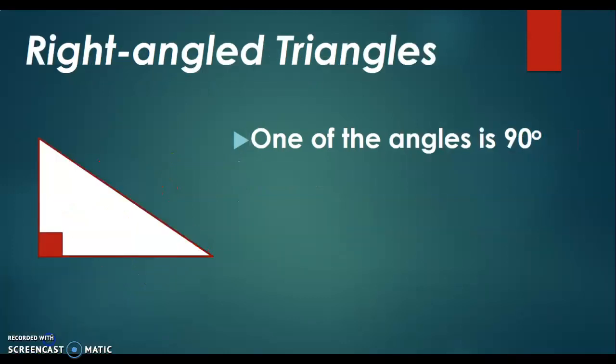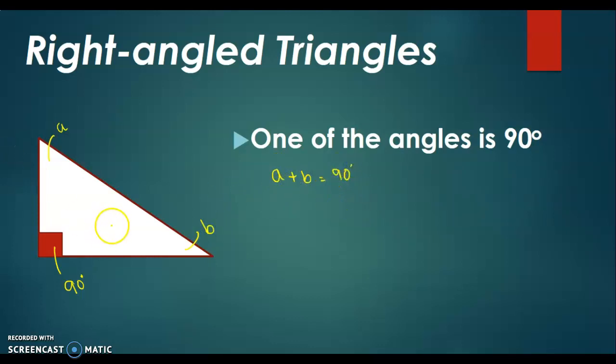And the last triangle we want to talk about is the right angle triangle. You will be able to tell pretty straight away from this box or rectangle in the corner. This indicates that this is 90 degrees. Hence, I'm going to name this angle A and this angle over here B, and A plus B would be 90 degrees.